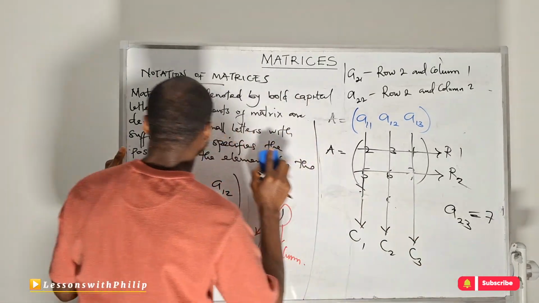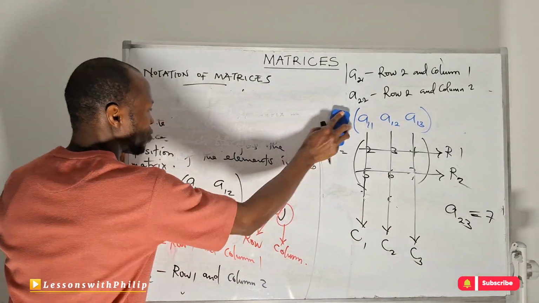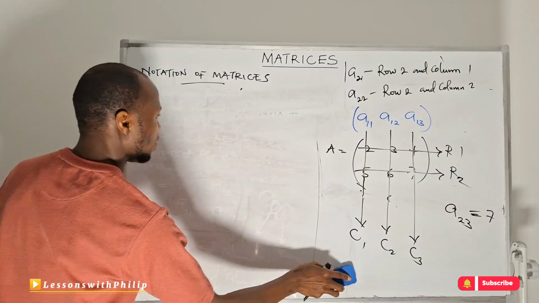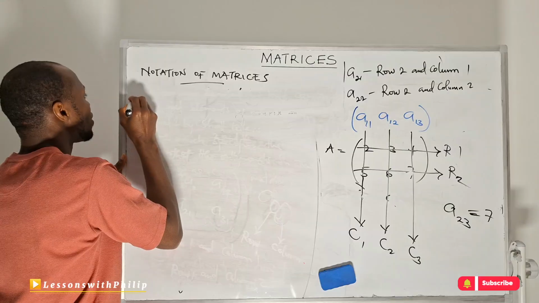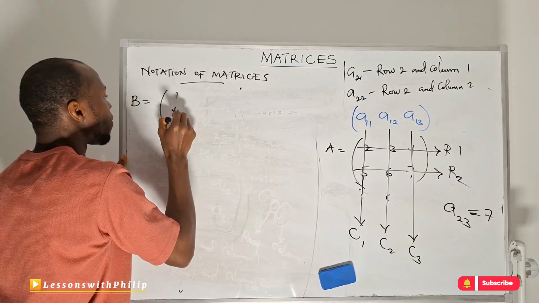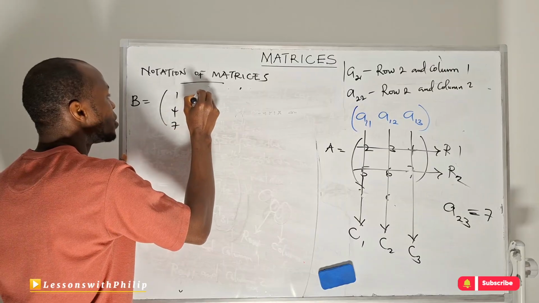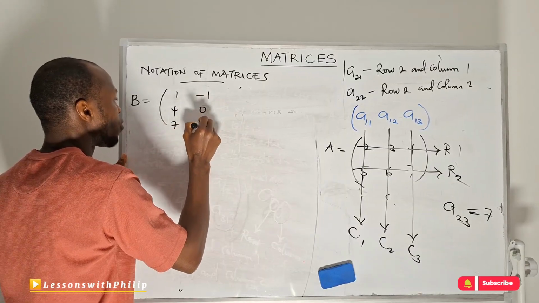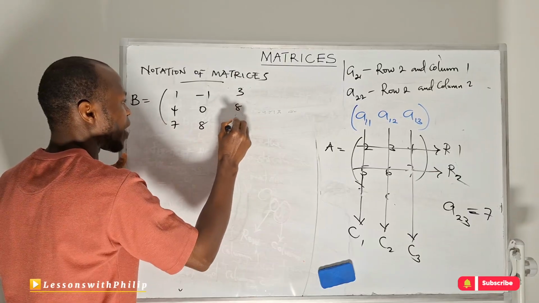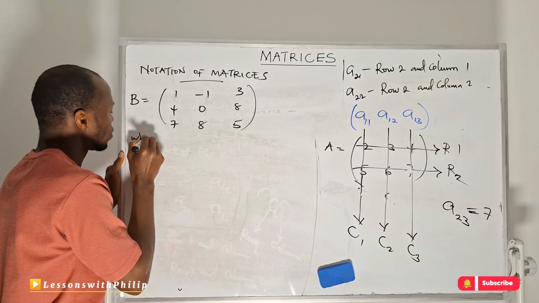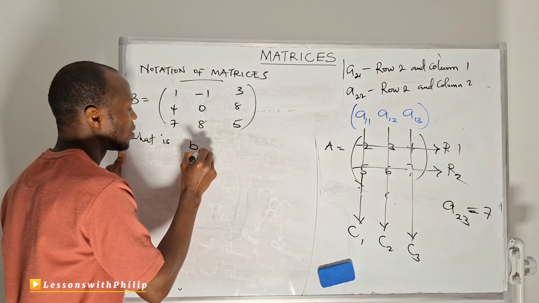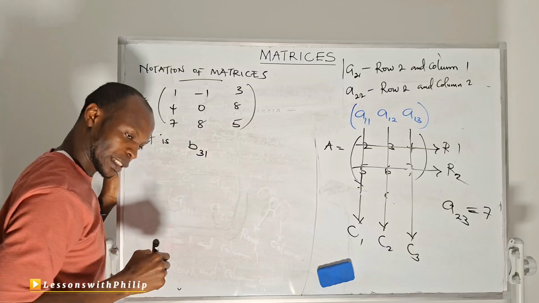Let me do more examples. If you're given that B equals 1, 4, 7, minus 1, 0, 8, 3, 8, 5. What is B31?